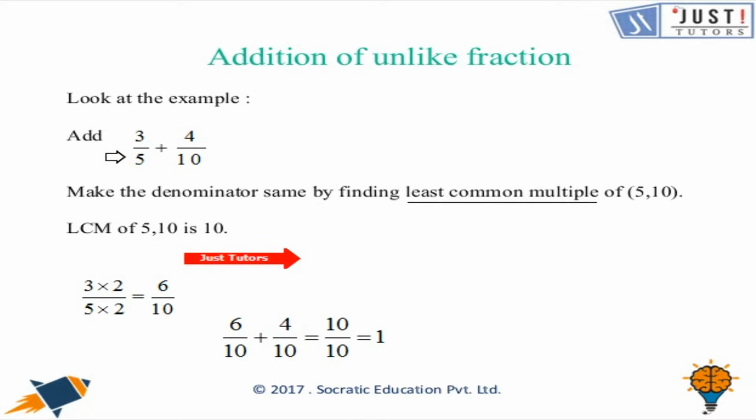So now we can change 3/5 to an equivalent fraction having denominator 10. In that way, we'll have two like fractions with the same denominator, that would be 10. That will lead us to an answer of 1 whole.